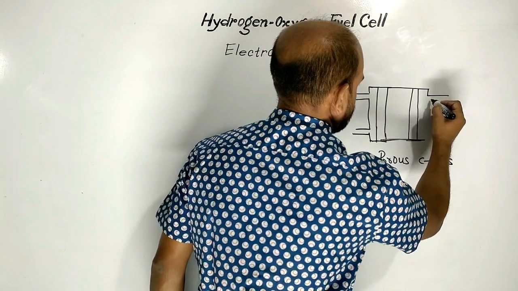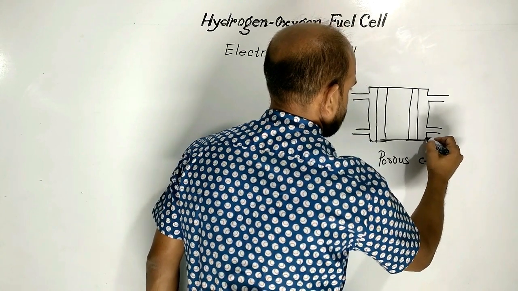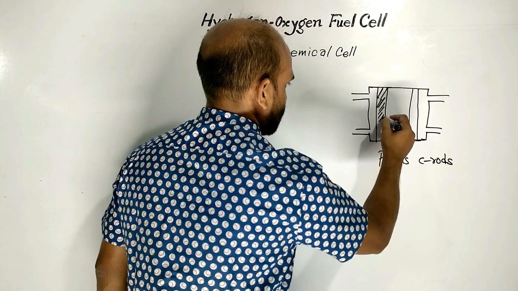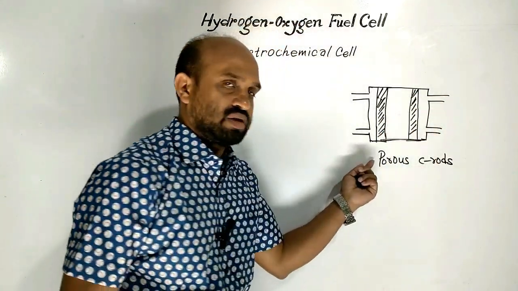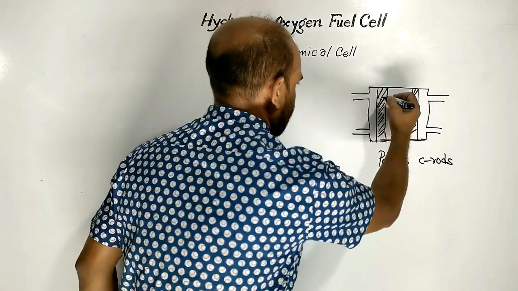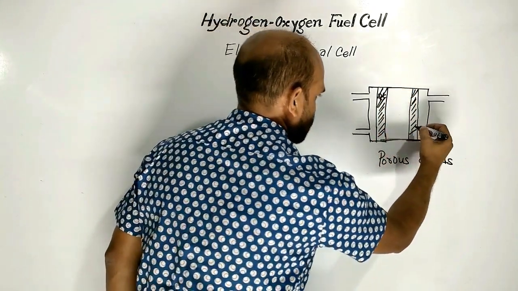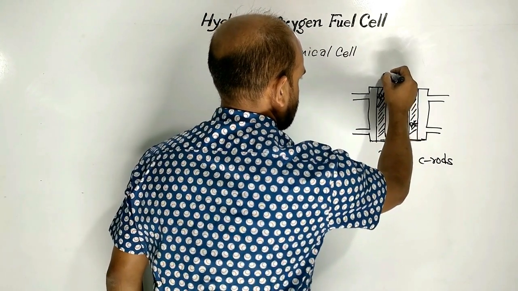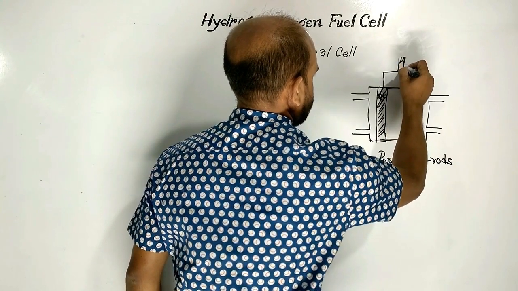Here, inlet, outlet. Porous carbon rods are impregnated with nanoparticles of platinum. These two electrodes are connected with wire with electric power.